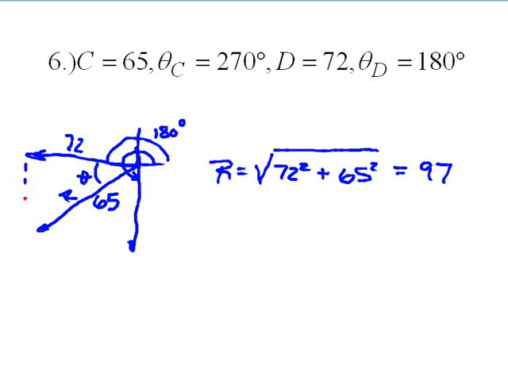So I'm going to transpose this a little bit to try and make it more clear. This 65 was on the vertical component. The same vertical component is over here. We can transpose that without bothering it. Now we can see we have the opposite over the adjacent of theta. So that would be tan, wouldn't it?